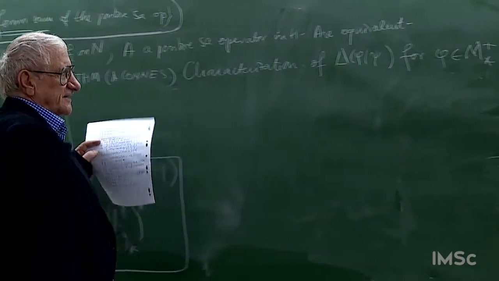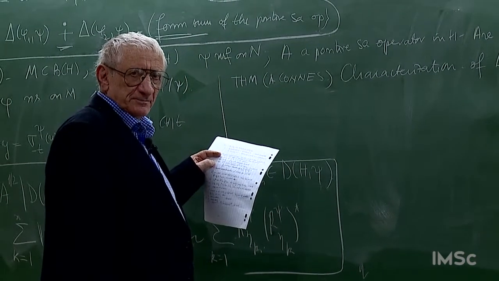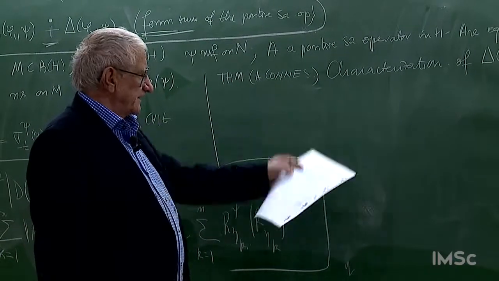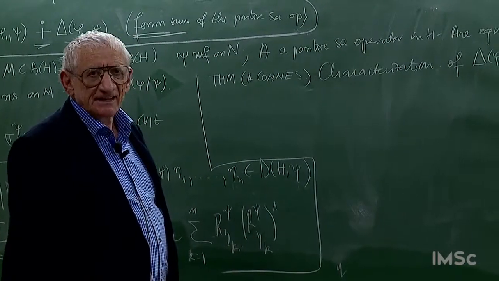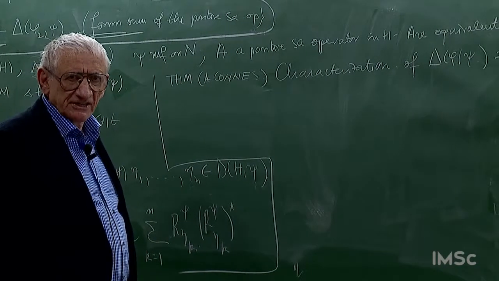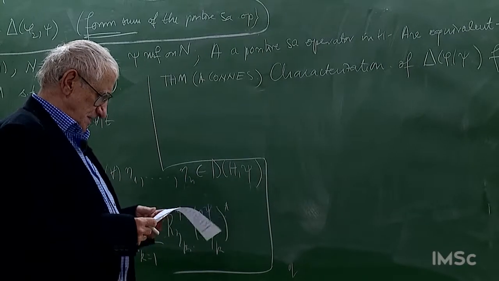So this was a characterization in general, psi was fixed. And there is also a characterization which is rather technical, and I will not write it in here because it has no meaning to write it.